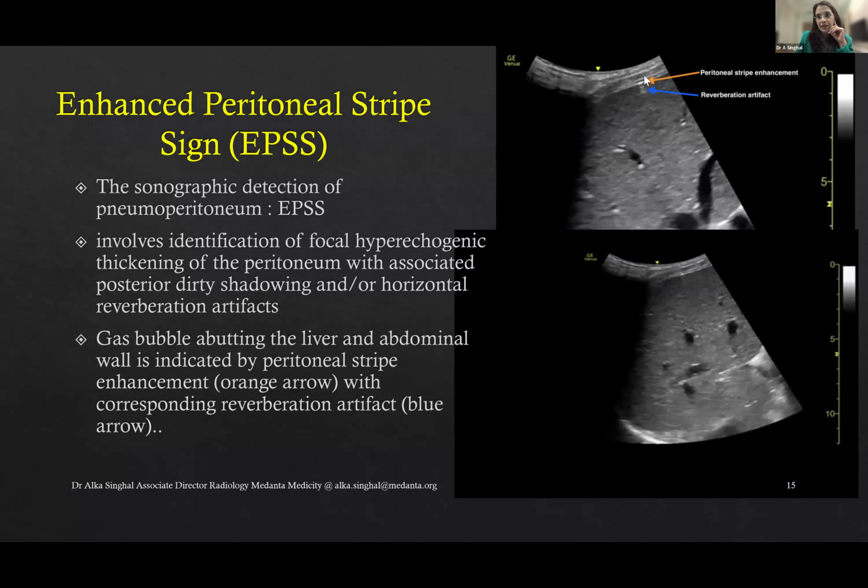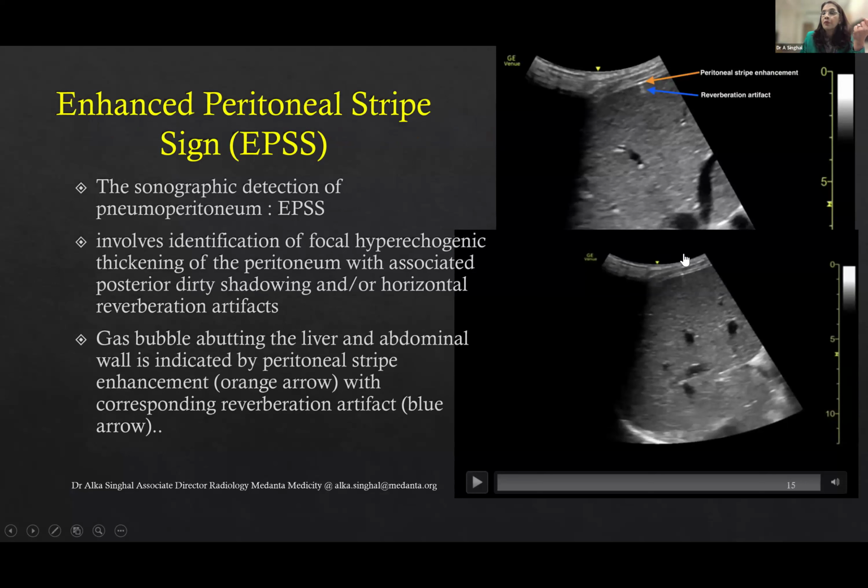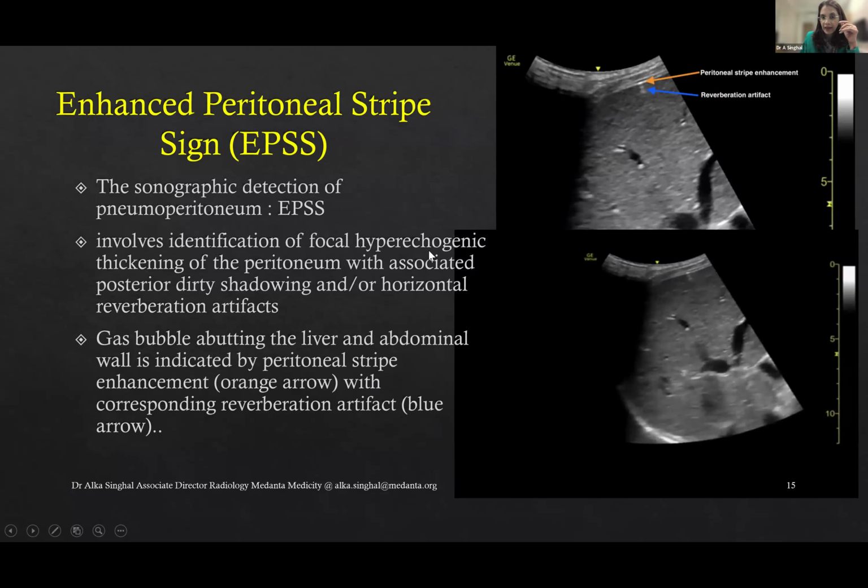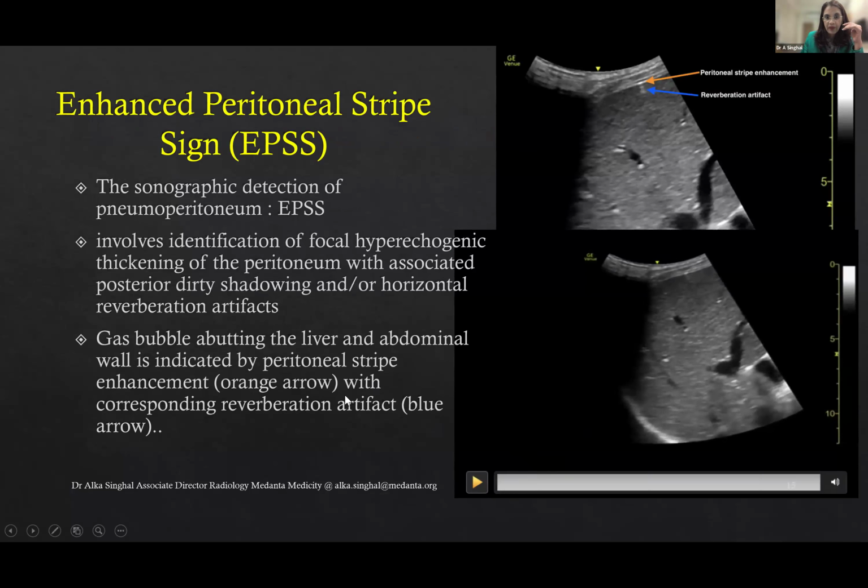Now, if you look at this little thing here, do you think this is a normal finding? Very tiny, very subtle. Now I'm going to put on a little clip here. What it's saying is identification of focal hyperechogenic thickening of the peritoneum, with associated posterior dirty acoustic shadowing.